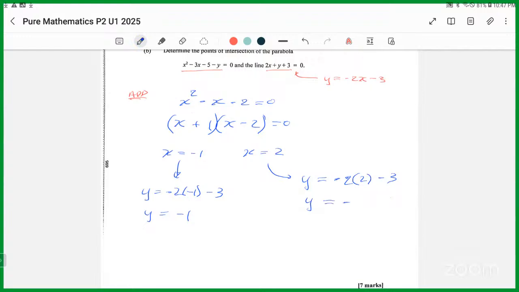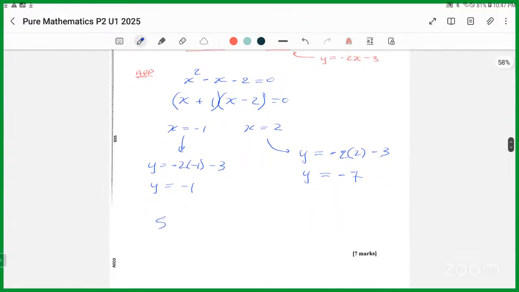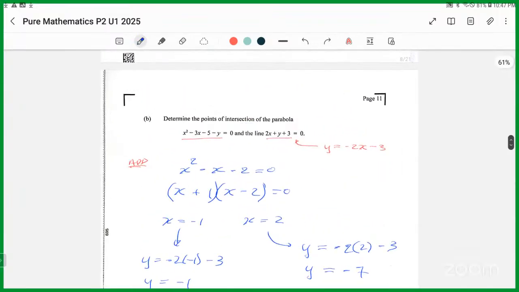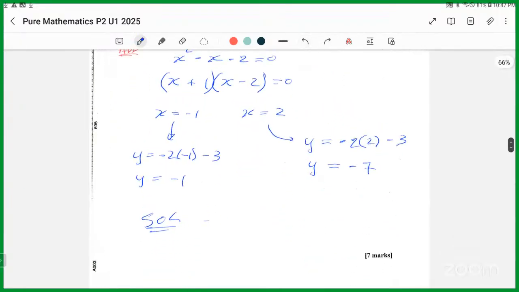Y equals negative 7. So the solution: the question asks for the points of intersection, right? One point is (minus 1, minus 1) from here, and the other point is (2, negative 7).